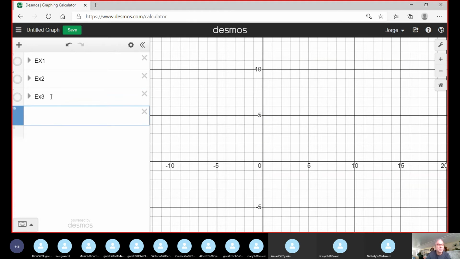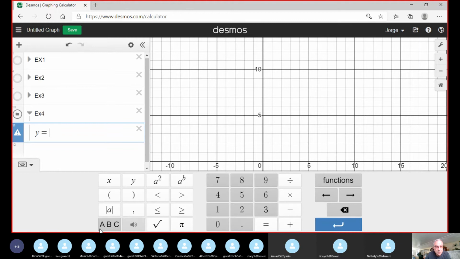Press enter, example 4, folder, example 4. I know that this function belongs to the family of the square root function.